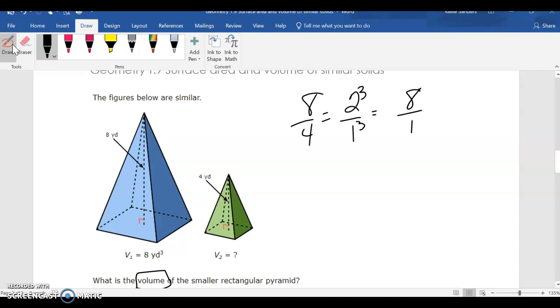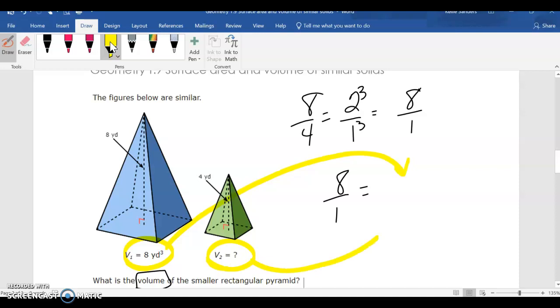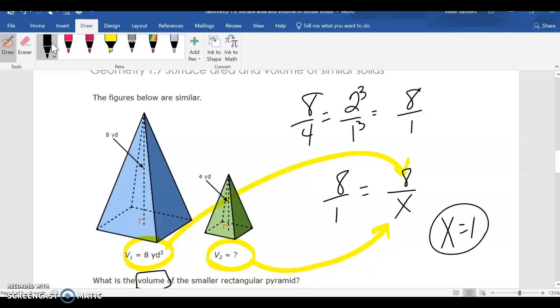Now I'm going to take this 8 to 1 and put this 8 over. It's kind of hard whenever they're the same numbers. That's where those go. And so cross multiply and divide. And the volume of the smaller pyramid is 1.